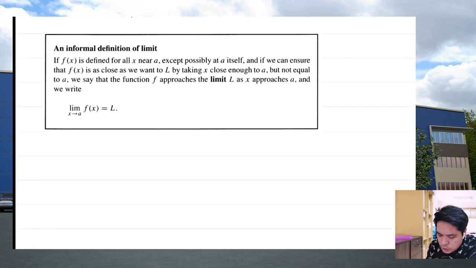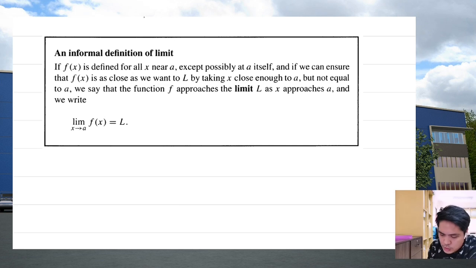So to give now the informal definition of a limit, this is what we did earlier. If f of x is defined for all x near a, except possibly at a itself, and if we can ensure that f of x is as close as we want to L by taking x close enough to a, but not equal to a, we say that the function f approaches the limit L as x approaches a, and we write the limit of f of x as x approaches a is equal to L. So that is the informal definition of a limit.